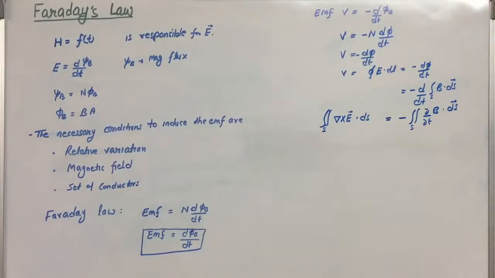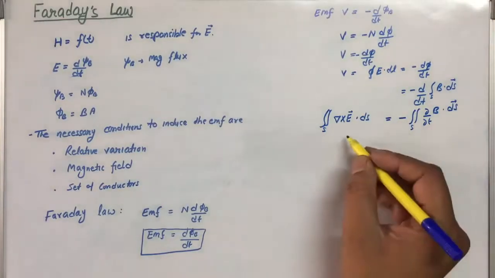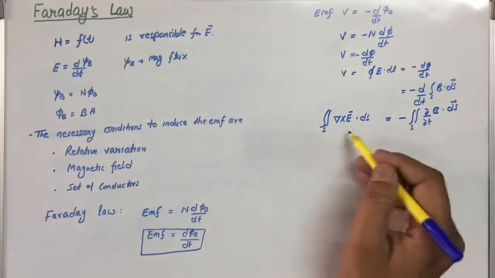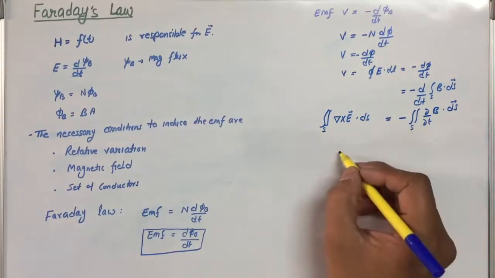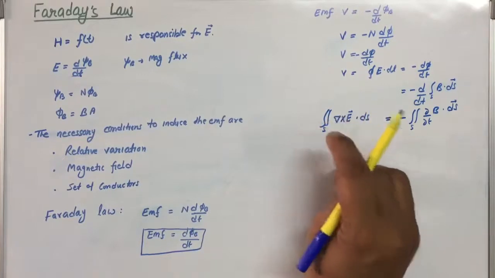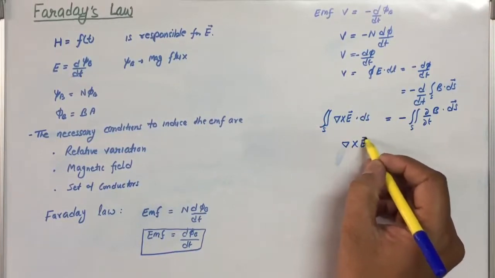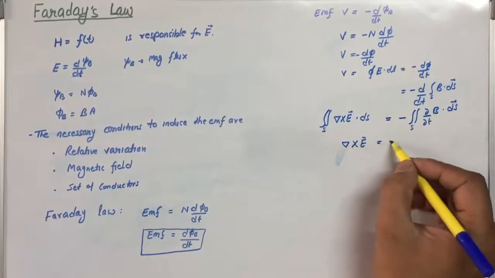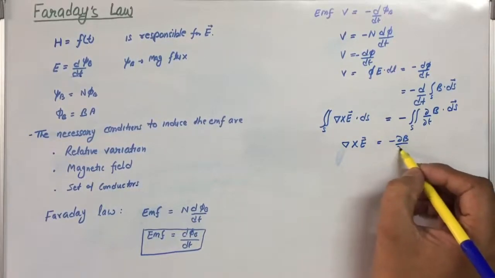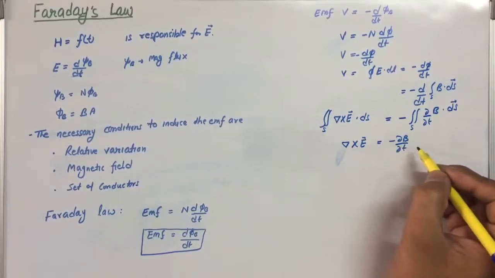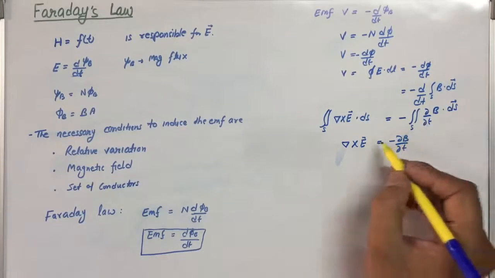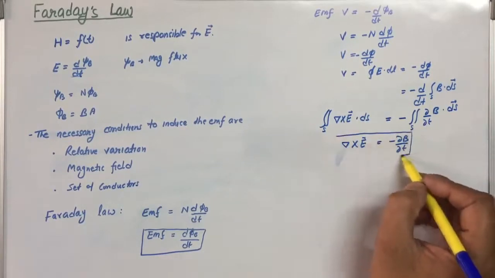Okay, so from here, if we relate both surface integrals, we can write del cross E equals minus the rate of change of magnetic flux density. Okay, this is one important relationship.